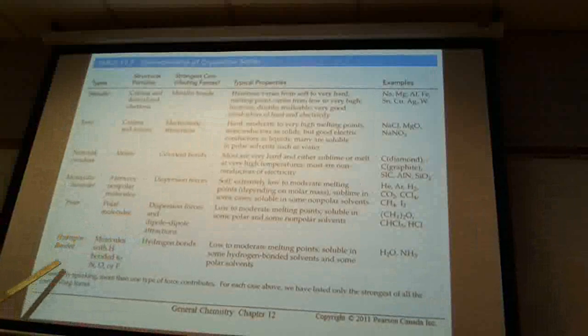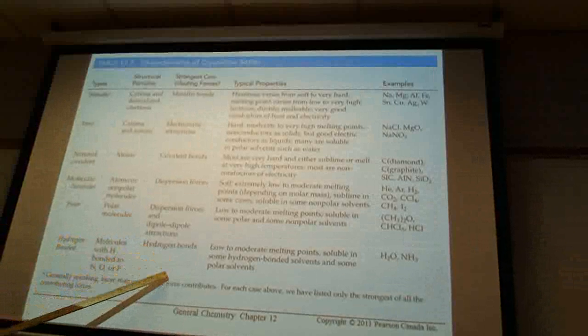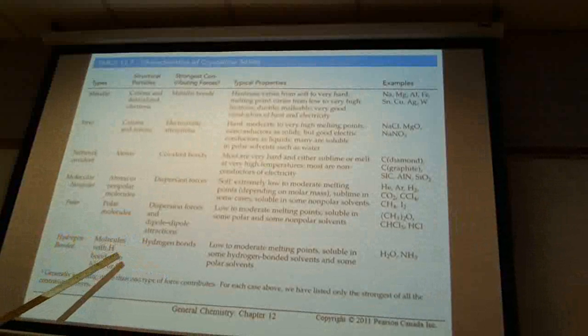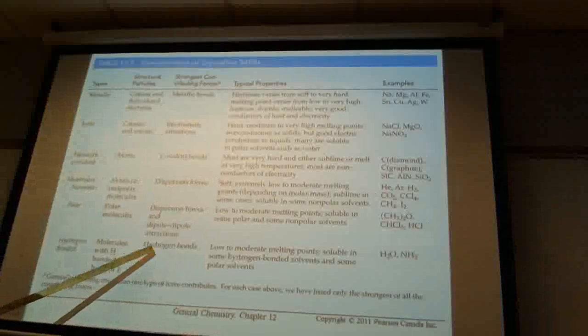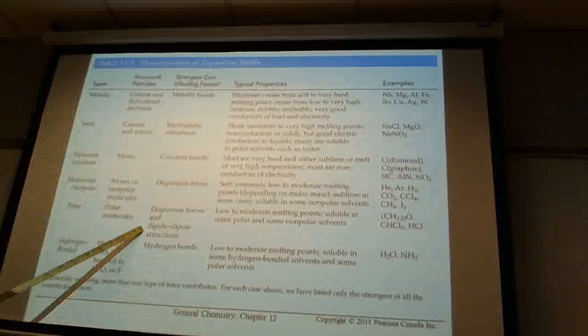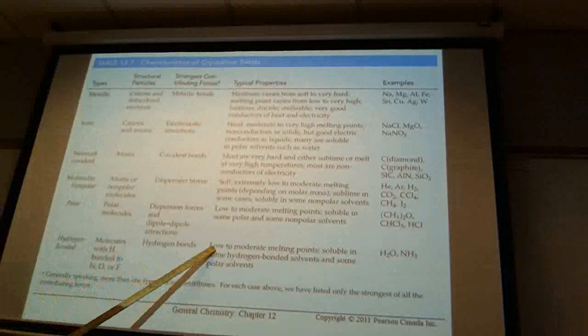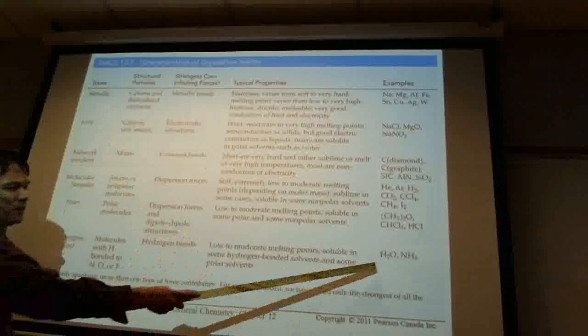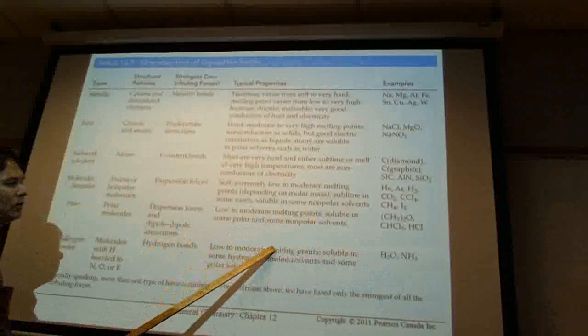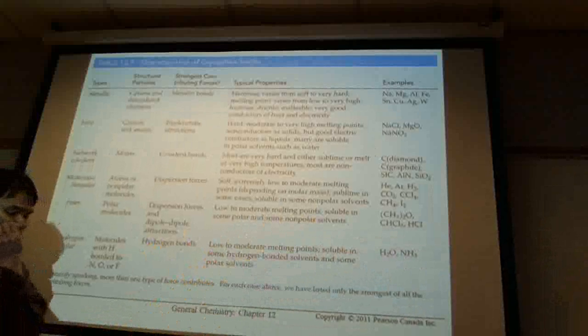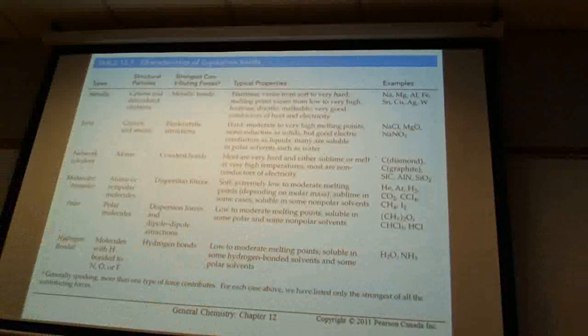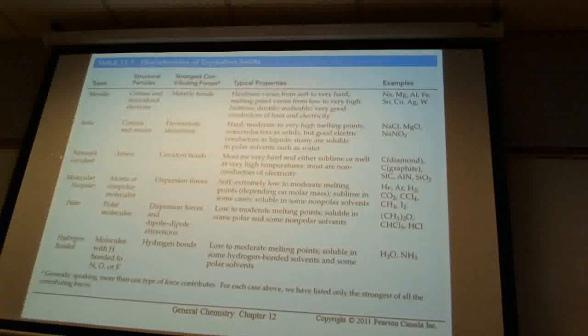Hydrogen bonded ones are held together by hydrogen bonds and dispersion. That's missing. I wonder why they didn't put dispersion here, but they put it up here. Well, dispersion also. But dispersion isn't so significant in something like water and ammonia. Low to moderate melting points, soft, etc. Ice's melting point is not so high, 0 degrees C.